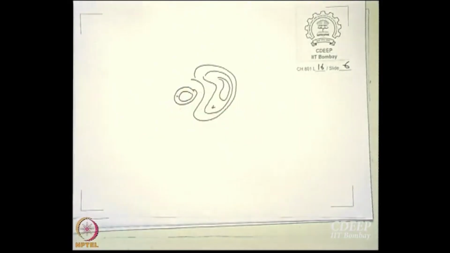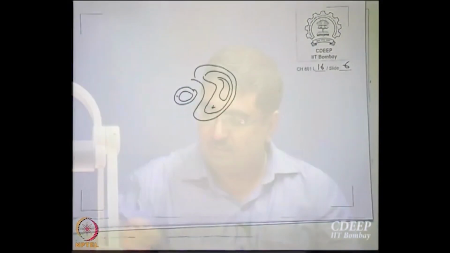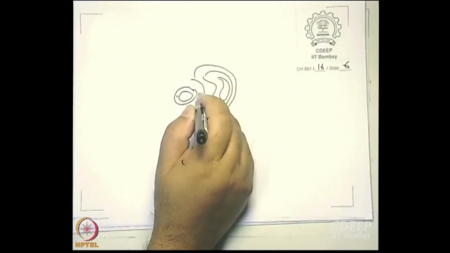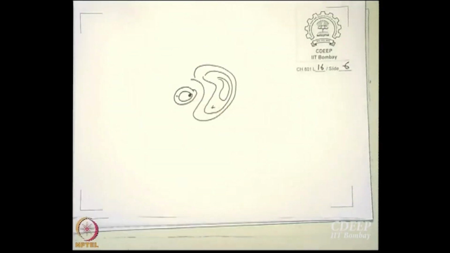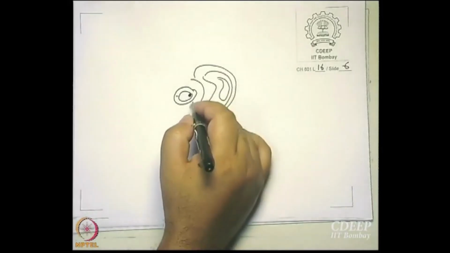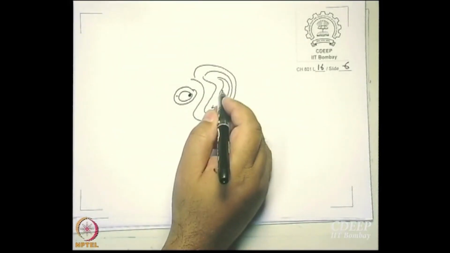My question is, where is the nucleus? Somewhere here. Why? Because what are you mixing? You are mixing 2s and 2p, right?